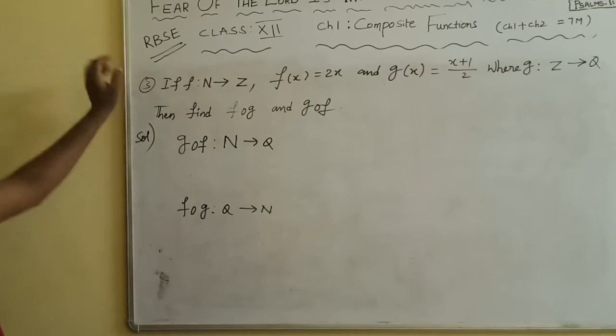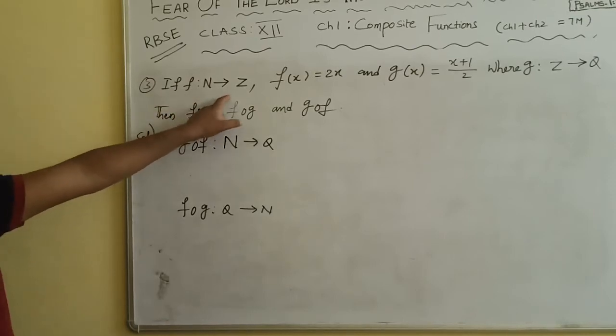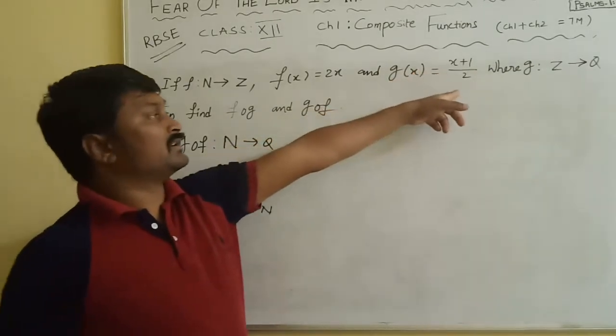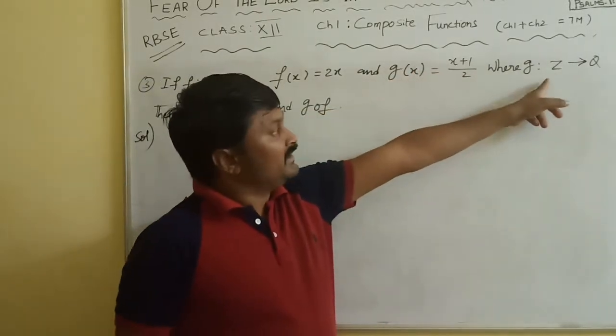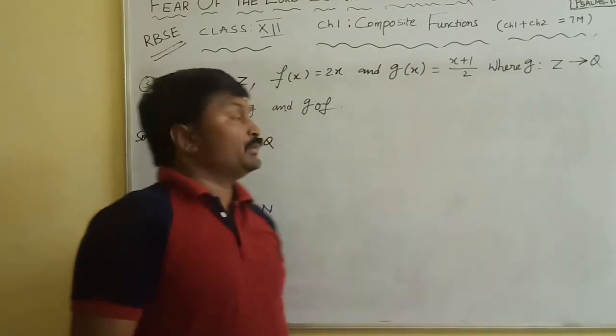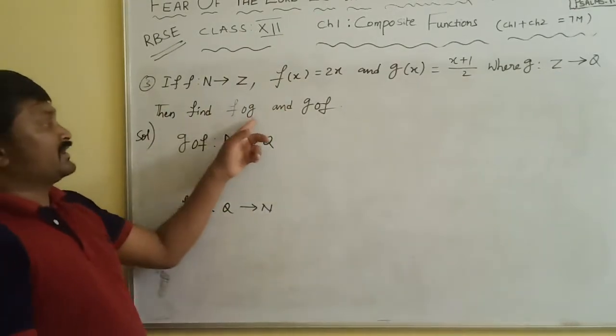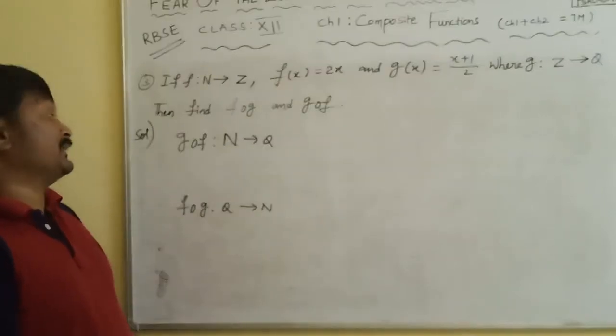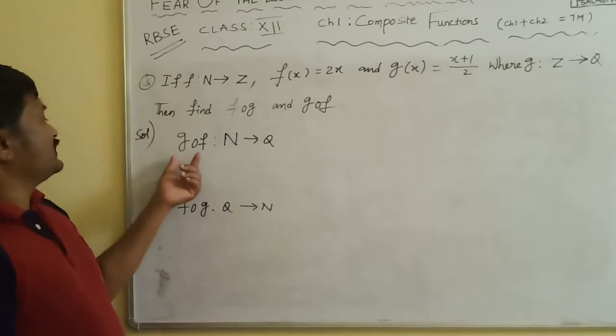On to the third question: if f maps N to Z, f of x is equal to 2x, and g of x is equal to (x plus 1) upon 2, where g maps Z to Q, then find F circle G and G circle F if defined, otherwise say not defined. Let me check G circle F first.